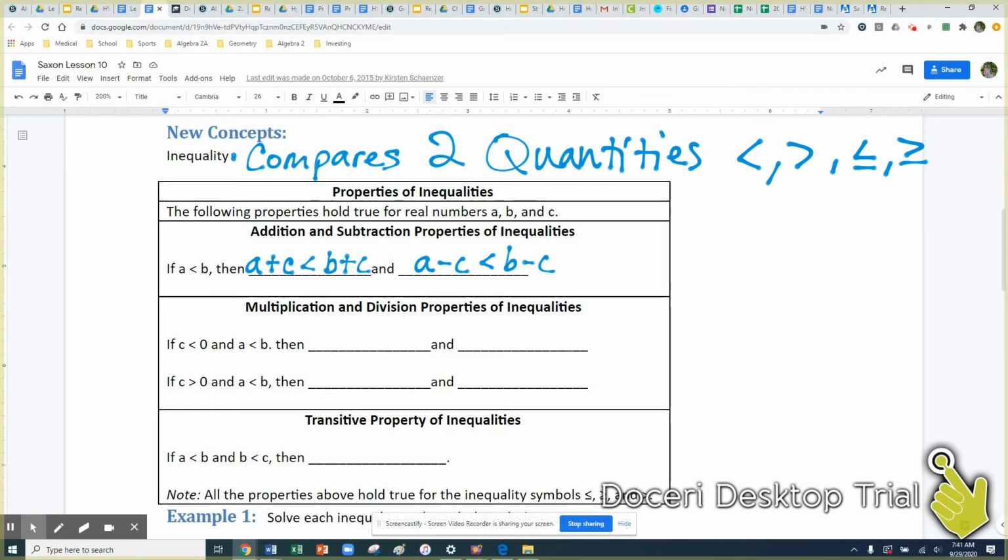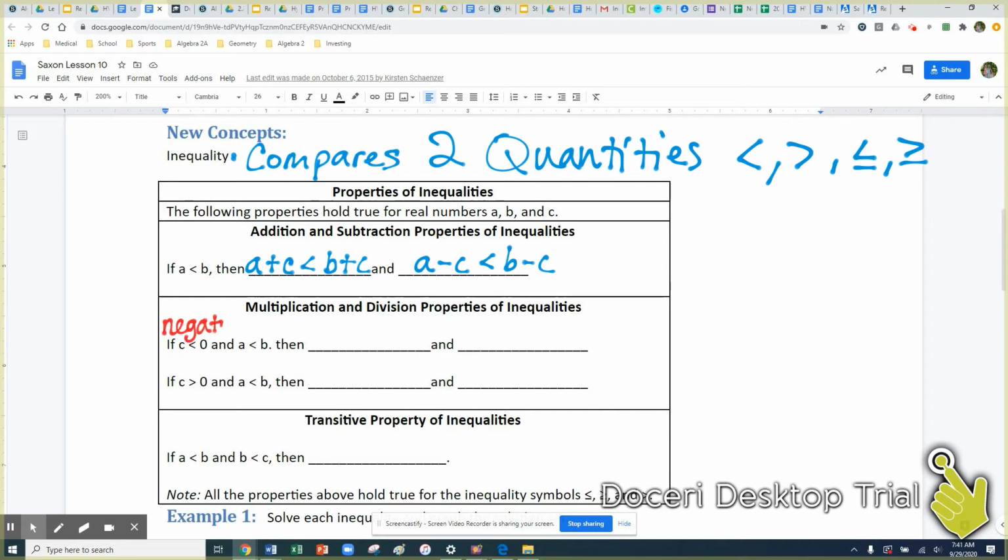Now when we get into multiplication and division is where we see a couple of curveballs. So next, if C is less than 0 and A is less than B. Now let's think about what type of numbers are less than 0. What do we call those numbers that are less than 0? Negatives. So if you have a C value, that's negative.